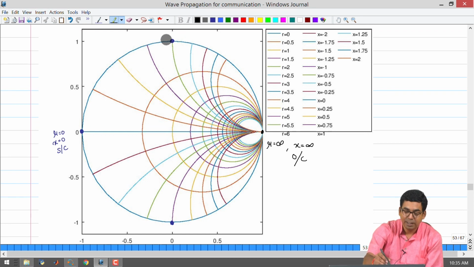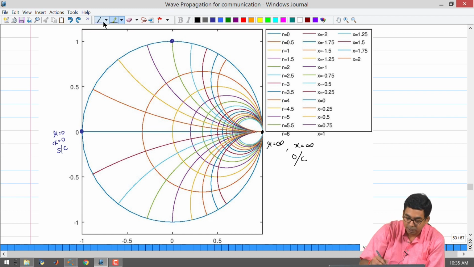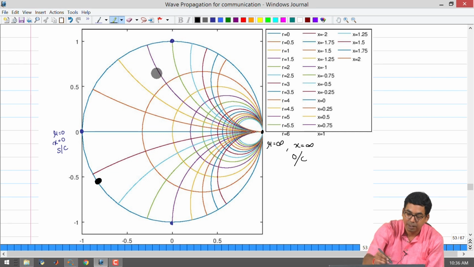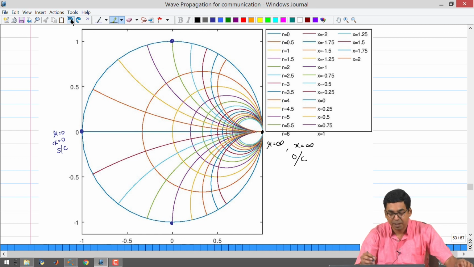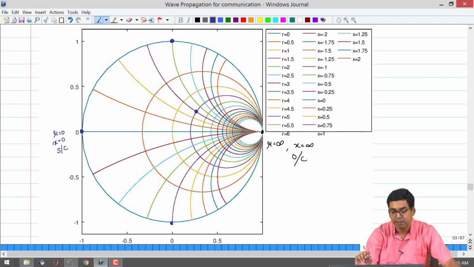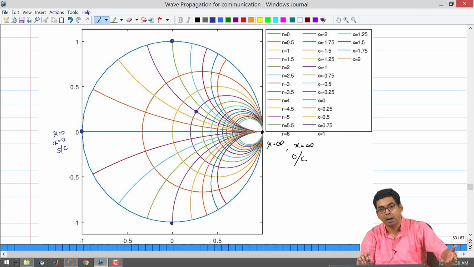You will then identify the circle corresponding to small r, and then you will identify the circle corresponding to the value of x that you have from your normalized load impedance. You will see whether it is this way or that way, and then take the intersection of those two circles and make a dot. Say for example, I will make a dot over here. This is going to be your load impedance marked on a Smith chart.